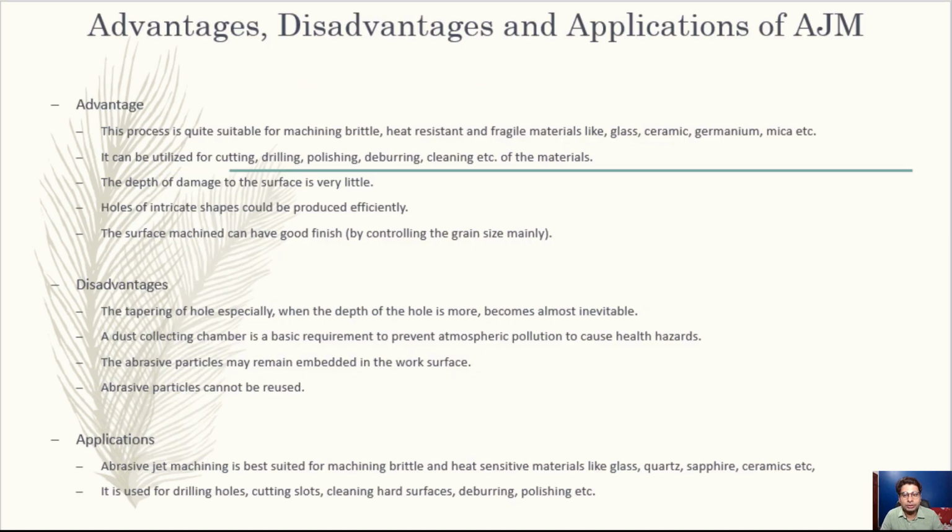Now coming on to the advantages, disadvantages and applications of abrasive jet machining. In advantages, we may say that this process is quite suitable for machining brittle, heat resistant and fragile materials like glass, ceramic, germanium, mica, etc. It can be utilized for cutting, drilling, polishing, deburring, cleaning, etc. The depth of damage to a surface is very little, as the process involves controlled erosion of the workpiece.